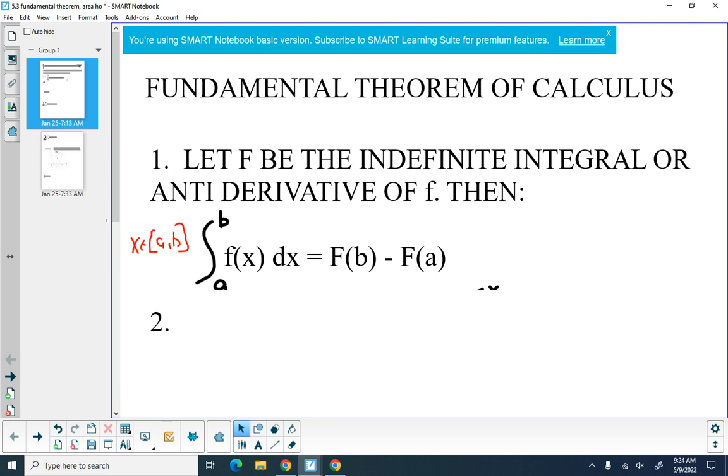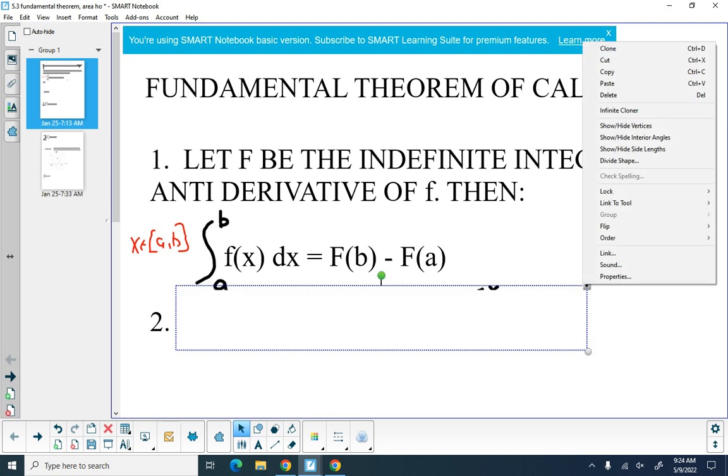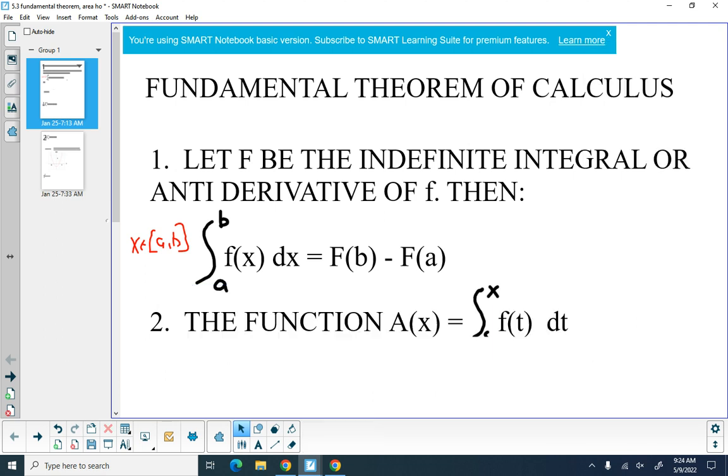when working through the ideas of definite integrals. The second aspect of the fundamental theorem of calculus is not involved with the first part, with respect to calculating a definite integral.